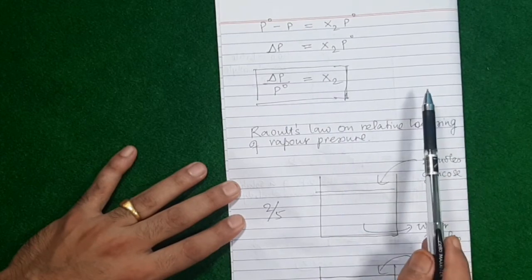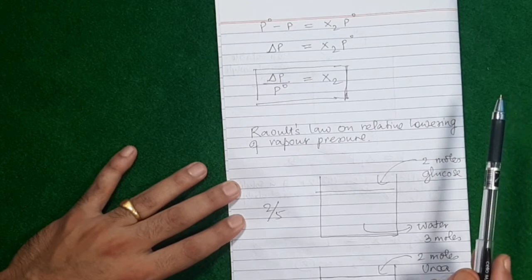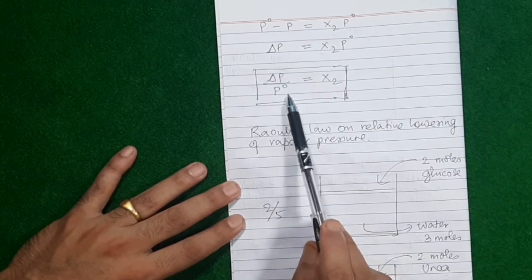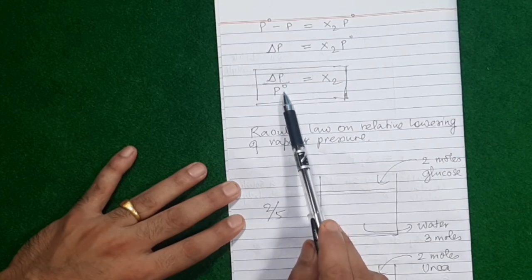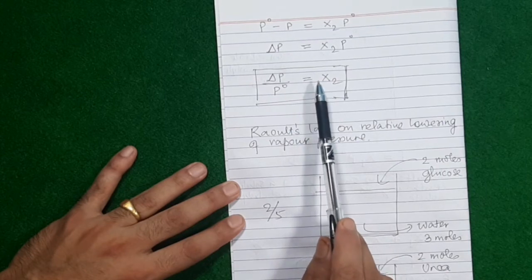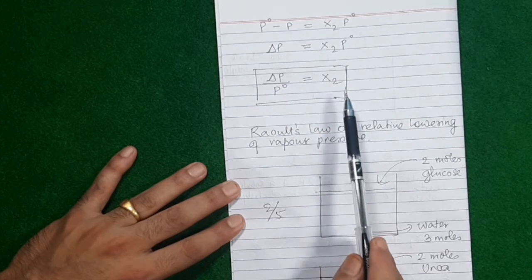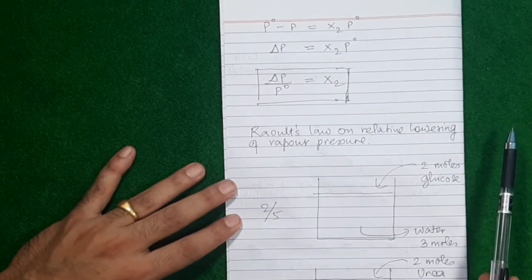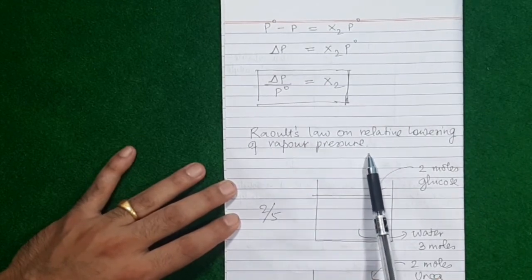So in any solution containing a non-volatile, non-electrolyte solute, the relative lowering of vapor pressure, that means the amount by which the vapor pressure goes down divided by the original vapor pressure, is always numerically equal to the mole fraction of the solute in that solution. And that becomes the third Raoult's law. We state it as Raoult's law on relative lowering of vapor pressure.